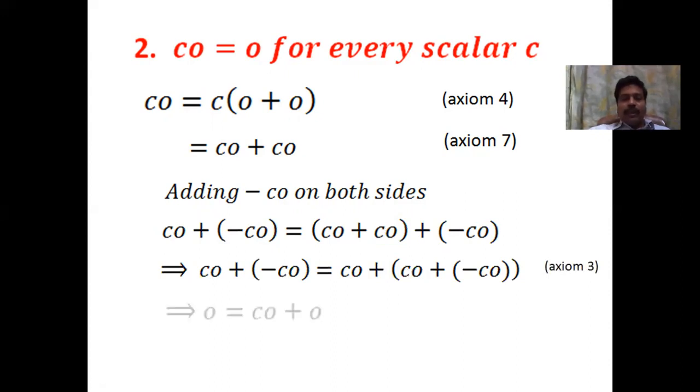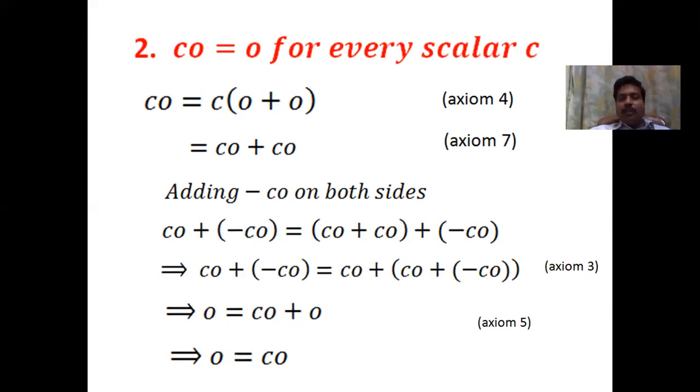On the left hand side, a vector is added to its negative, so it is the 0 vector O. On the right hand side, this is cO, and this is again the 0 vector O. So here a vector is added to the 0 vector, so it will give you the original vector cO. So finally, we got the 0 vector O is equal to cO.